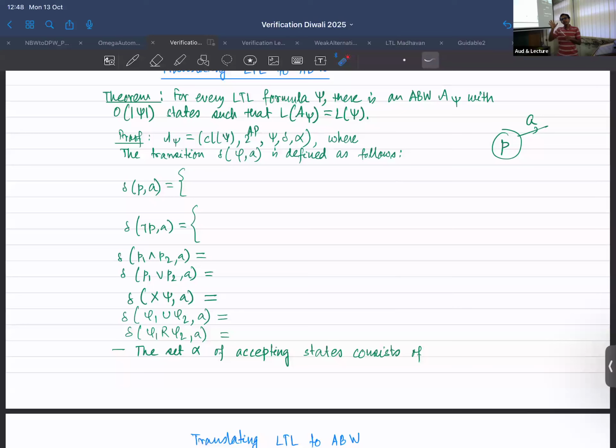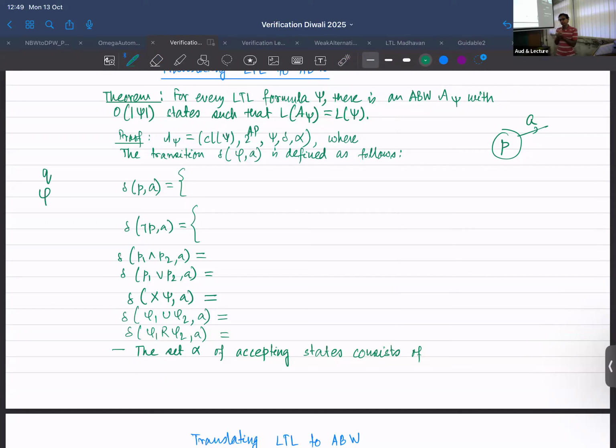So the intuition is, if I'm at a particular state, let's say Q, which corresponds to a formula, let's say phi, the language accepted from that state Q of the automaton is, intuitively, L of phi.